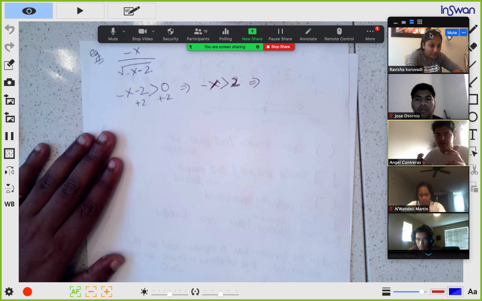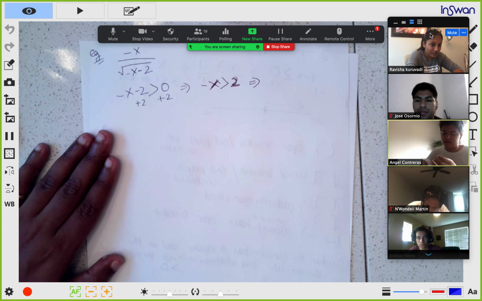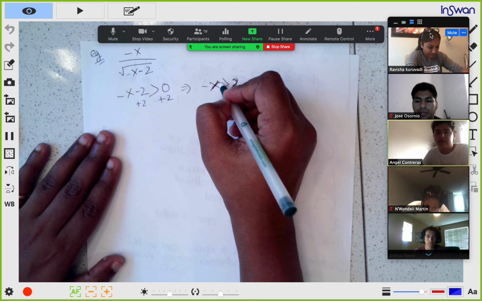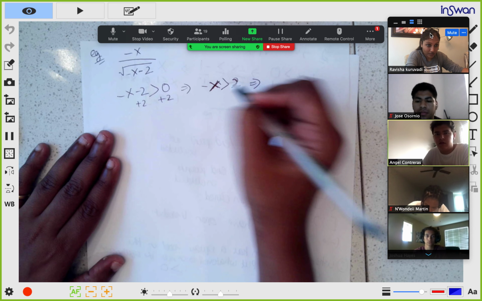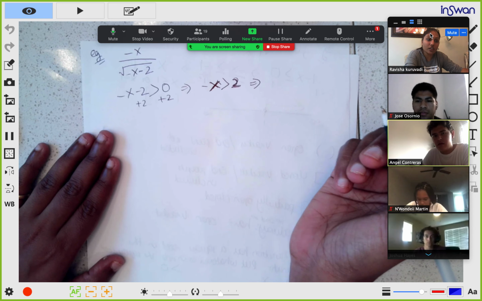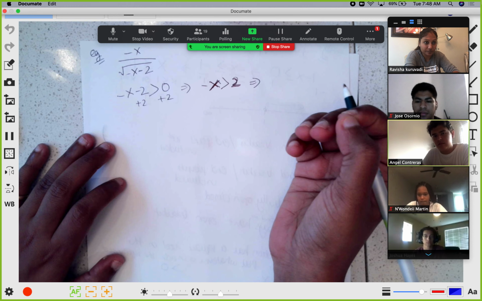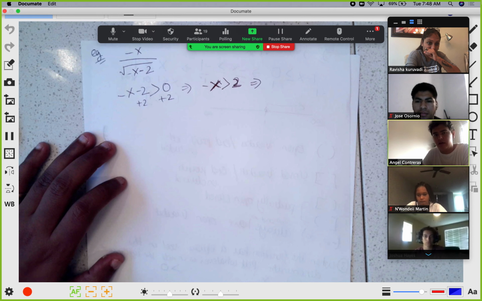How do I get rid of this negative sign? Either you multiply with negative 1 or divide by negative 1. Okay, you're multiplying with negative 1.